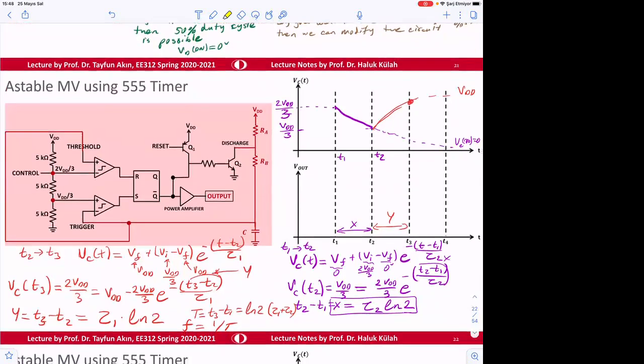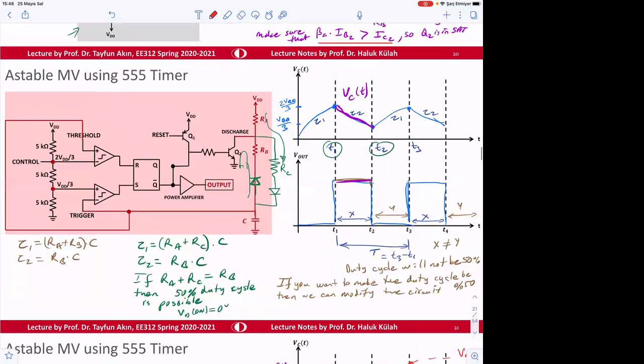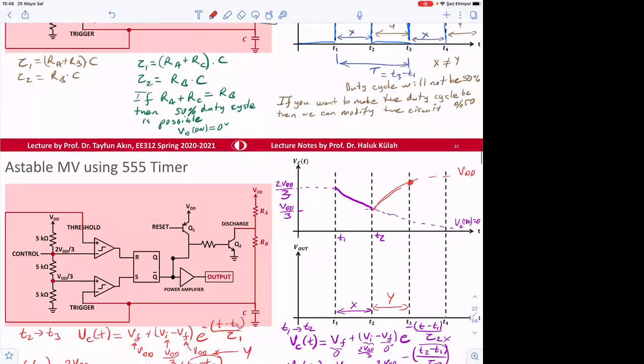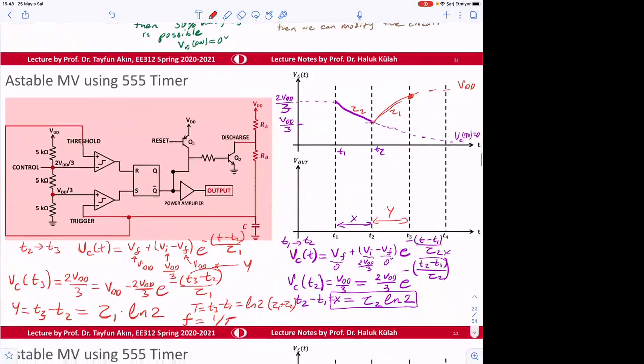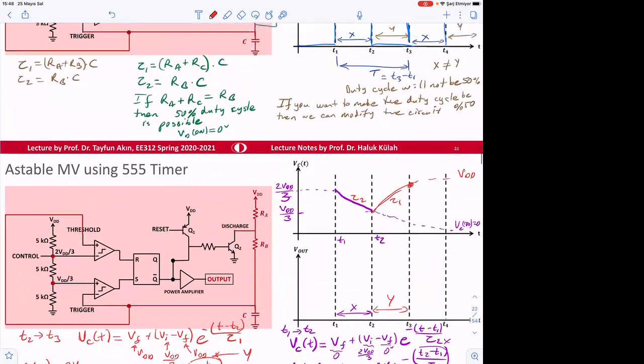If you do this, the charge-up time and discharge time have different taus. While it is discharging it was tau 2, and while charging it was tau 1.